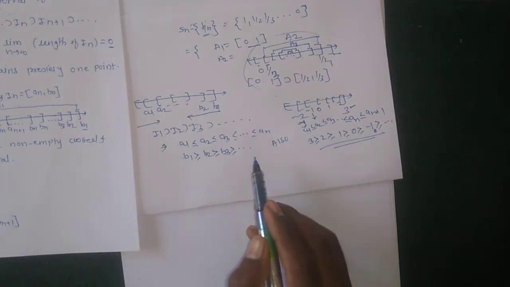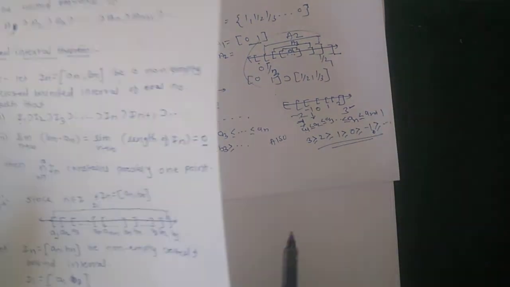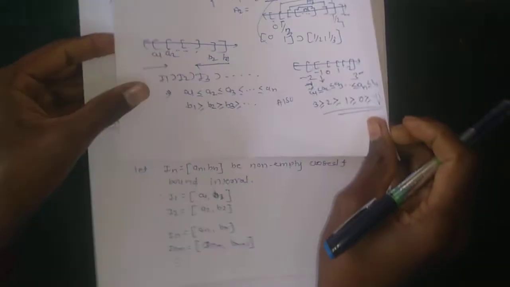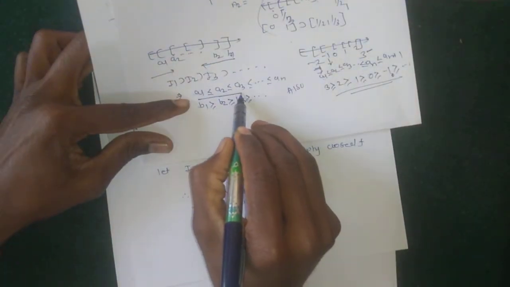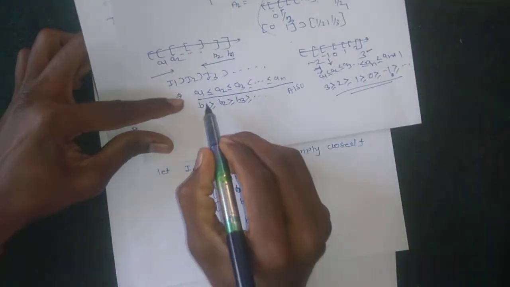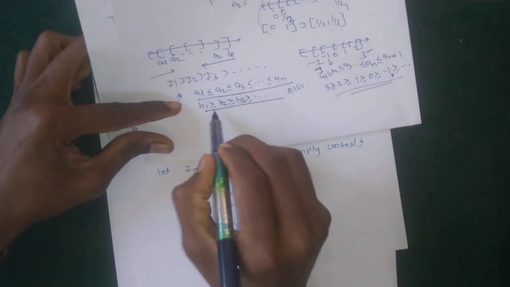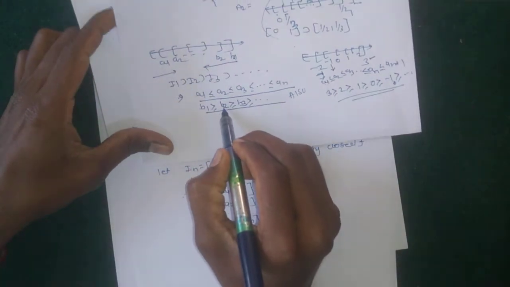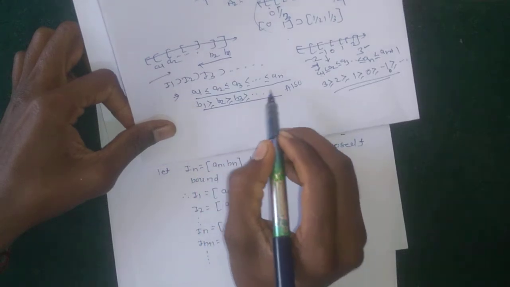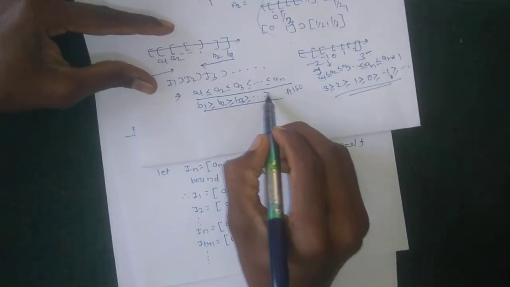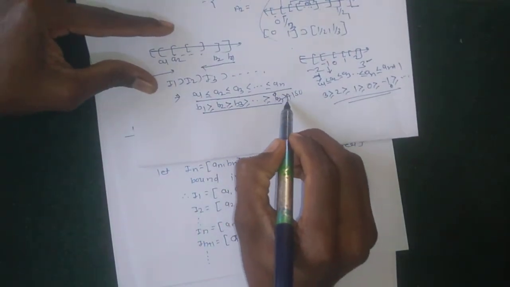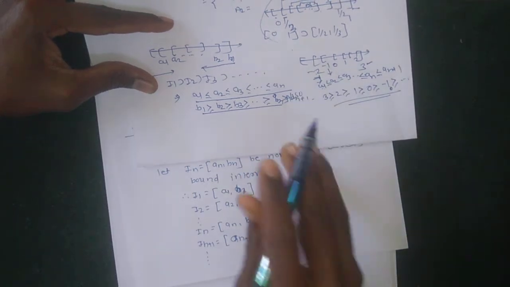Clearly a1 is less than or equal to a2, and so on, and b1 is greater than or equal to b2, greater than or equal to b3, up to bn greater than or equal to bn+1, and so on.